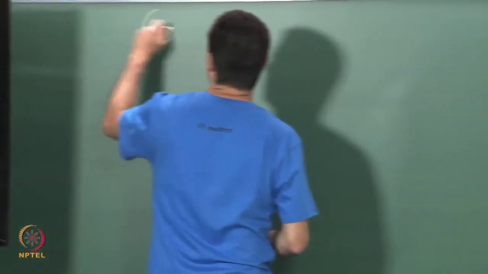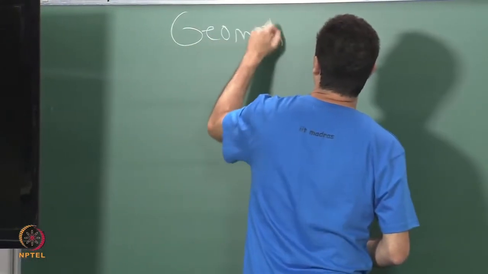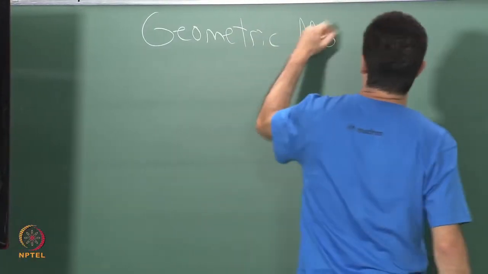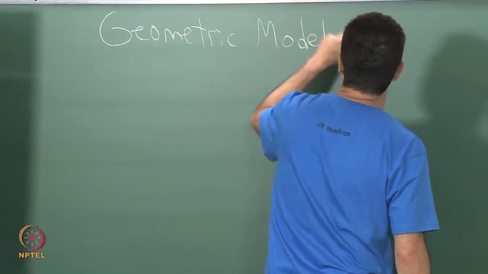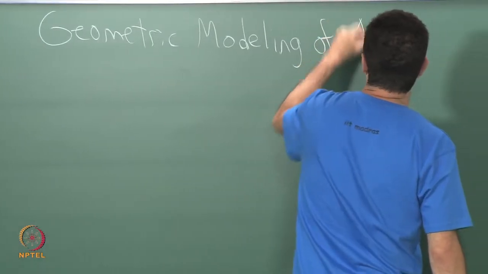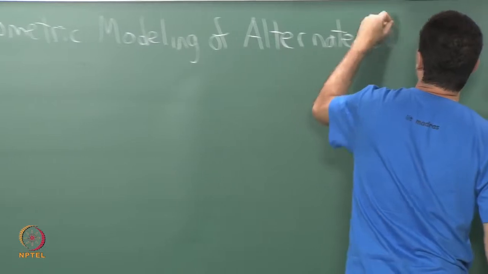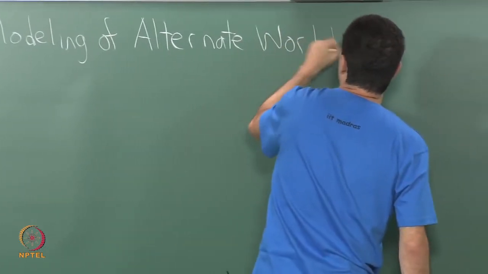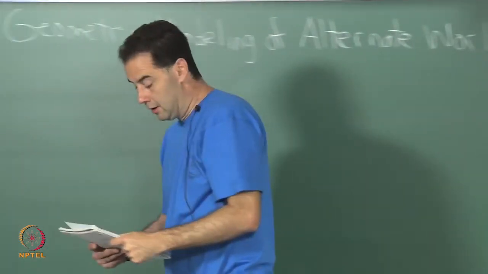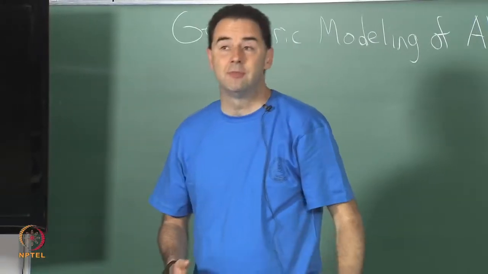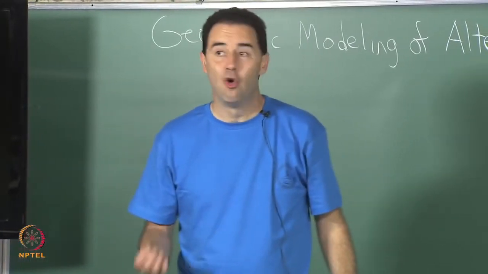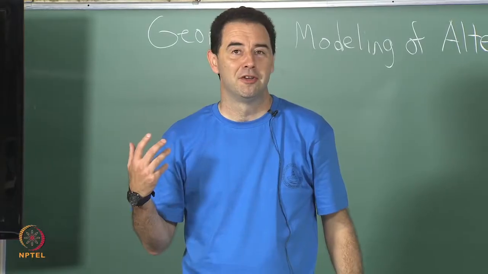With geometric modeling of alternate worlds. The alternate world generator in some sense has to simulate or reconstruct some kind of world.